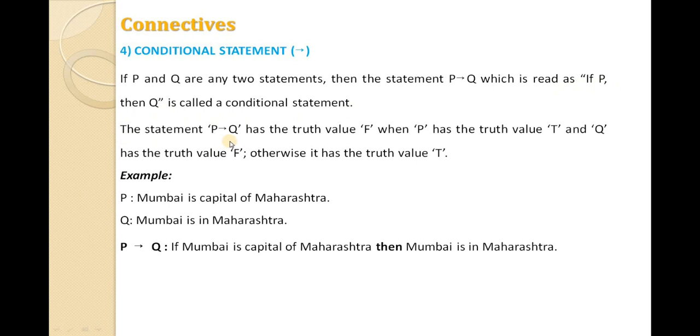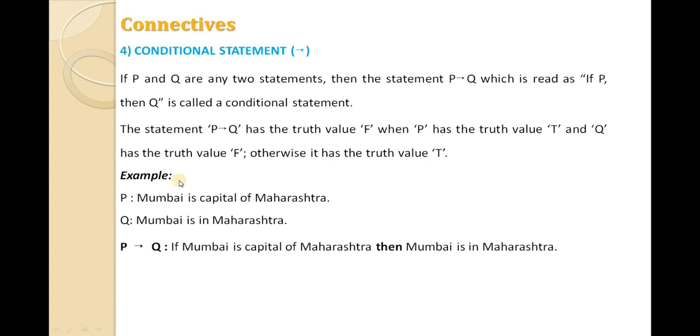The statement P implies Q has the truth value F when P has the truth value T and Q has the truth value F. Otherwise, it has the truth value T. Means if P has the truth value T and Q has the truth value F, then its final conclusion is F. Otherwise, it has a T.